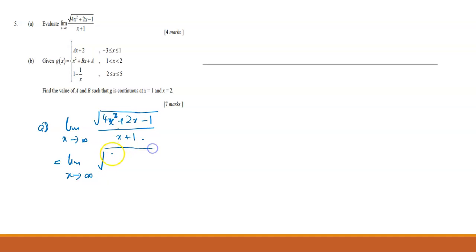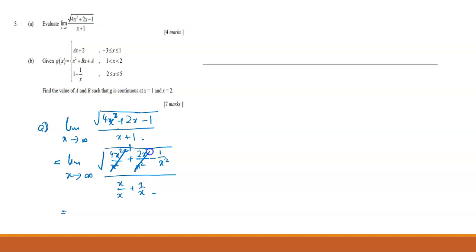So now we are going to divide every single term inside this square root sign in the numerator by x squared: 4x squared plus 2x minus 1, all over x squared, divided by x over x plus 1 over x. Okay, so then here now, x squared divided by x squared equals 1, 1 times 4 equals 4.